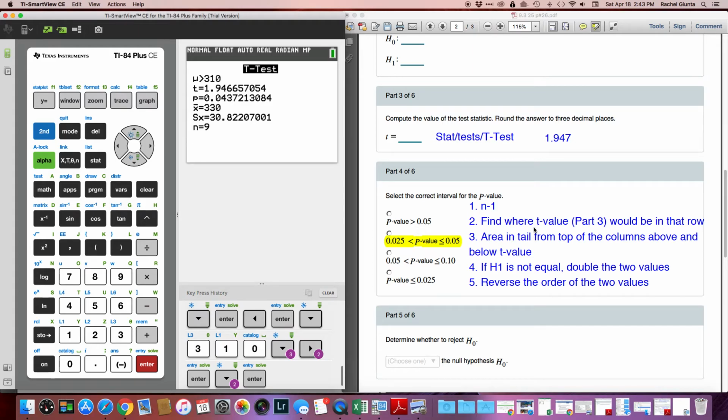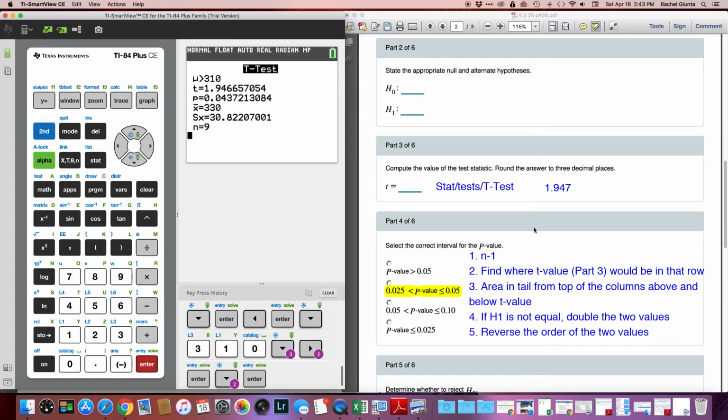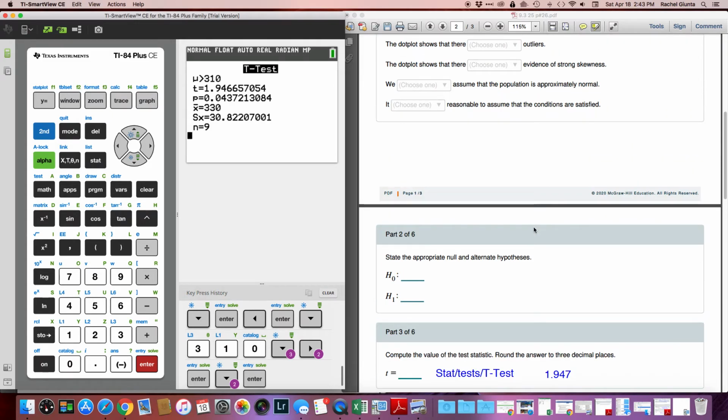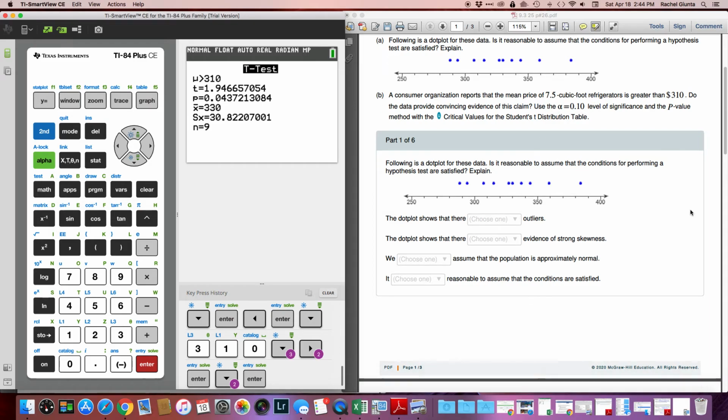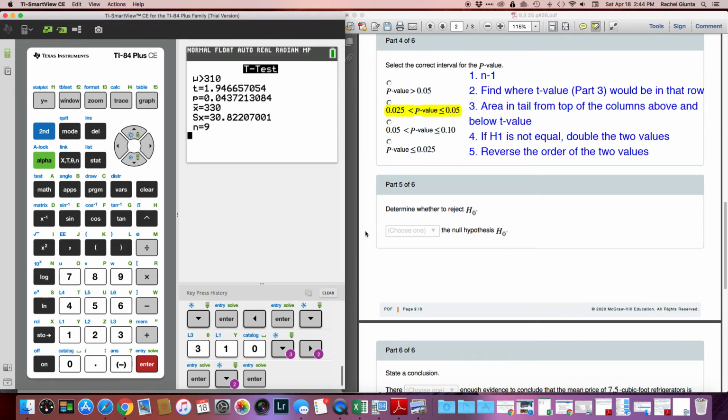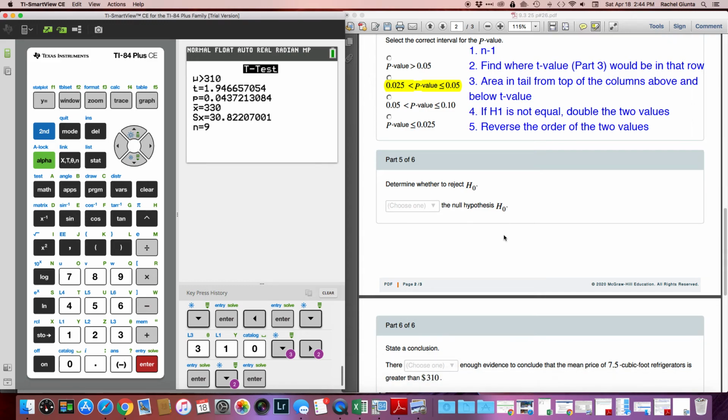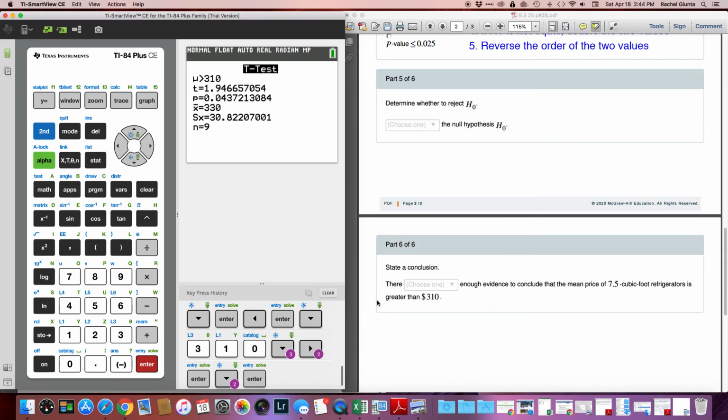And as long as that all worked out, you can just compare the p-value you got in the calculator to the alpha value that you were given here. In this case, the p is lower than alpha, so you reject here. And then your conclusion would be that there is enough evidence to conclude the mean price is greater than 310.